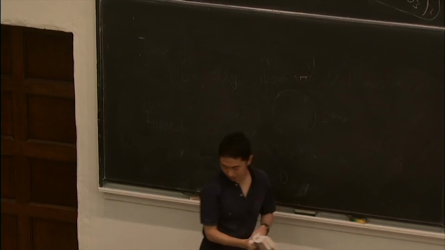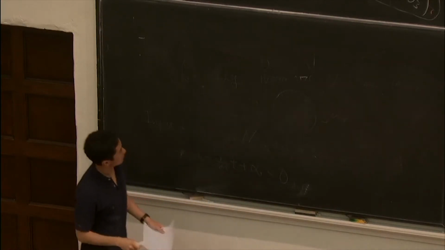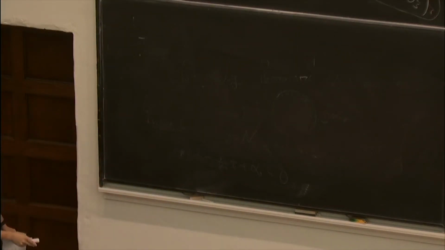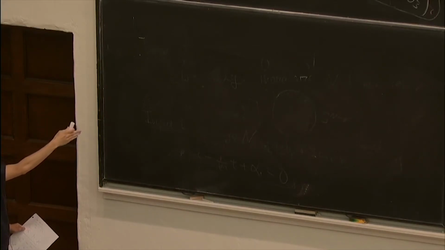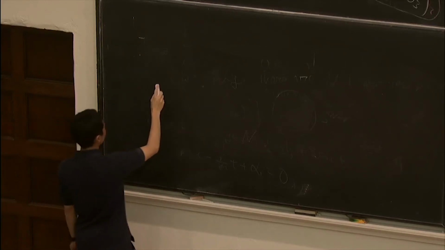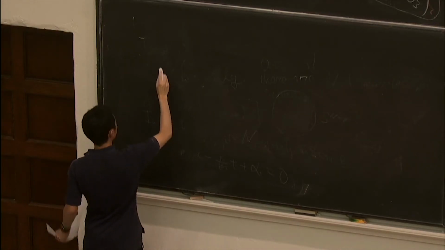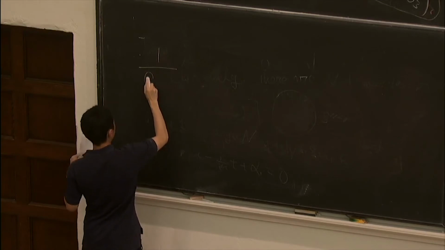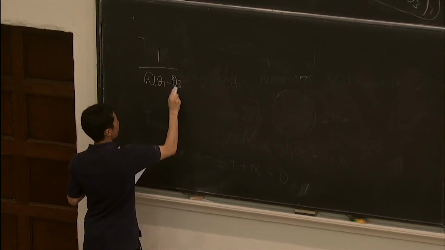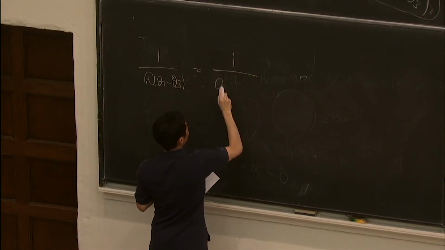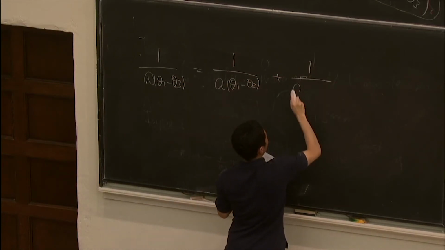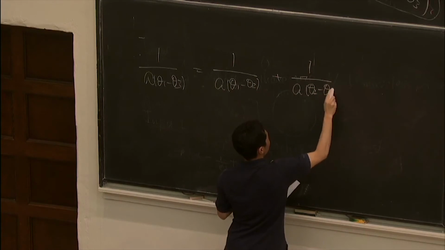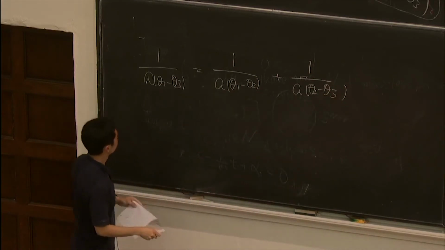And it's not actually hard to solve this equation. The idea is to divide both sides by A of theta 1 minus theta 2 times A of theta 2 minus theta 3 and A of theta 1 minus theta 3. If you do so, you get the equation like this: A of theta 1 minus theta 3 equals 1 over A of theta 1 minus theta 2 plus 1 over A of theta 2 minus theta 3. Right?